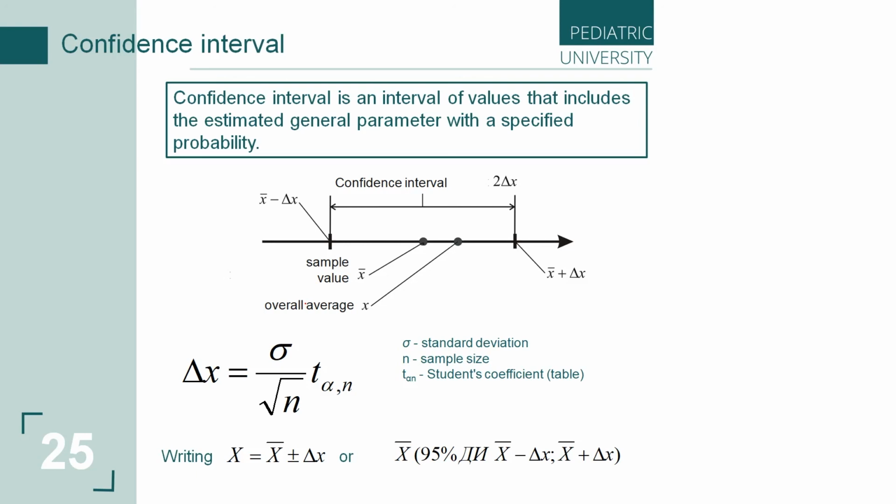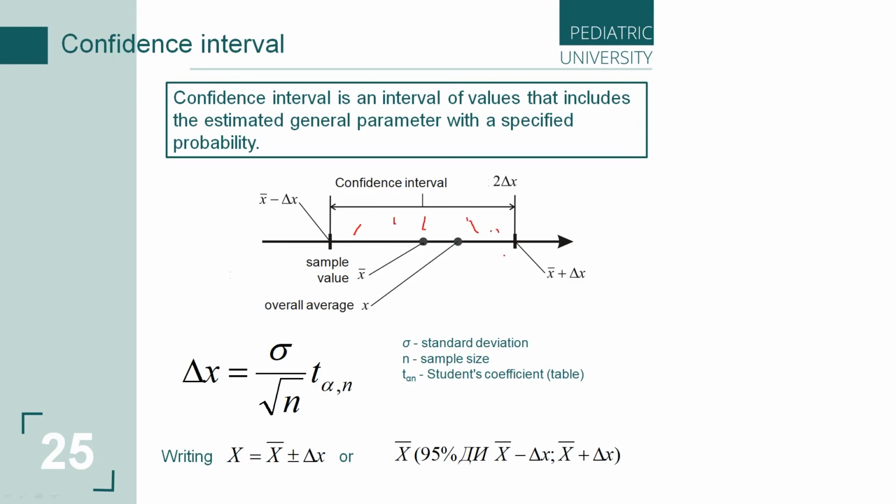First we calculate the sample mean and then look for delta x, which allows us to estimate the limits of the confidence interval. This is our margin of error. We can say that with 90%, 95% or 99% probability, as we decide, the mathematical expectation of our random value in the general population will lie in this interval.